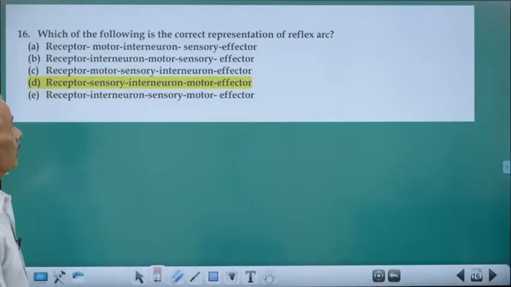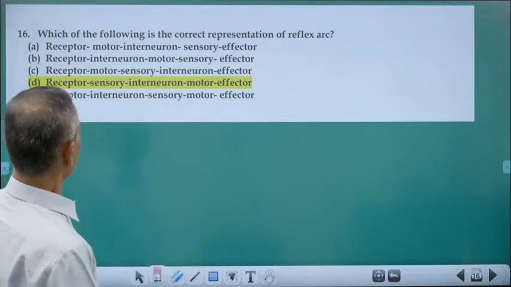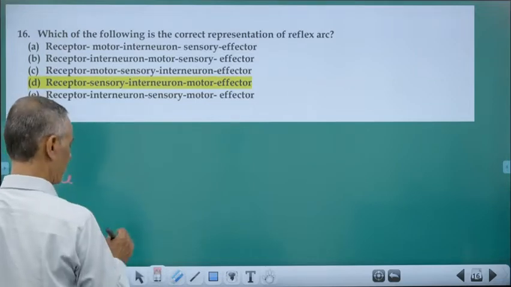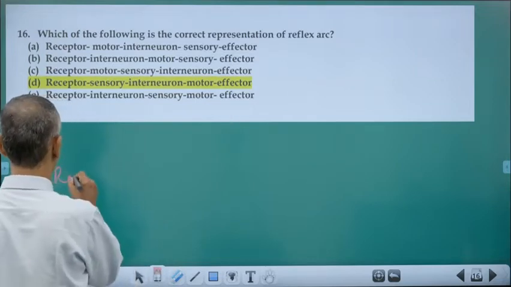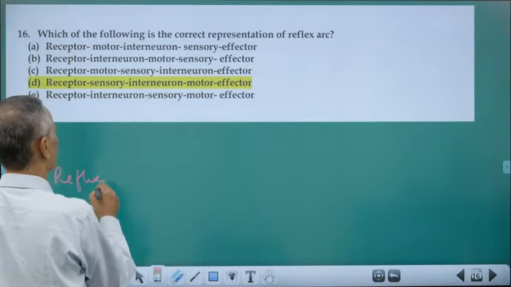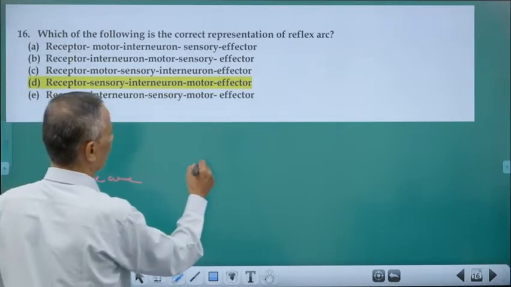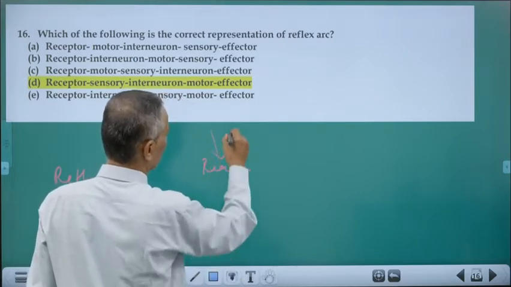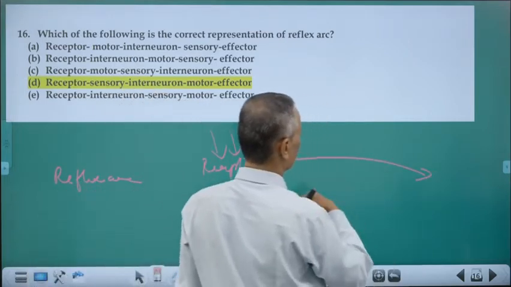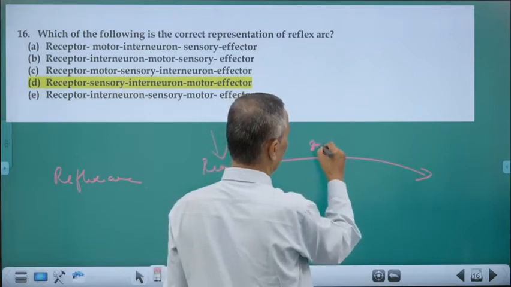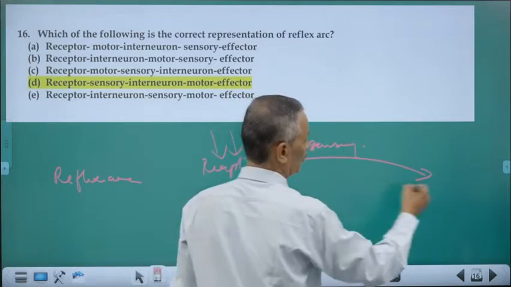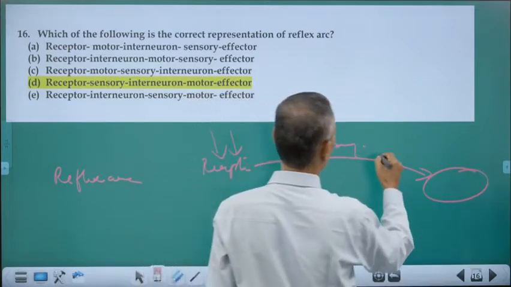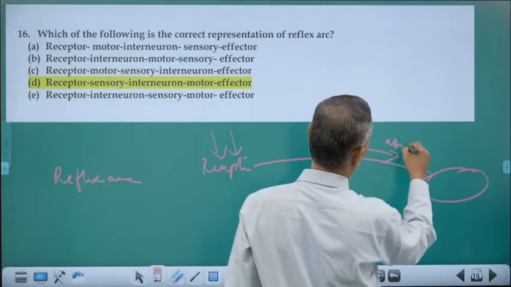Which of the following is the correct representation of a reflex arc? In a reflex arc, there will be a receptor. We have a diagram; I will explain it again. A reflex arc consists of a receptor organ for receiving the senses. Then it is taken by a sensory neuron to the central nervous system, which is the spinal cord or the brain as the case may be, through an afferent neuron.